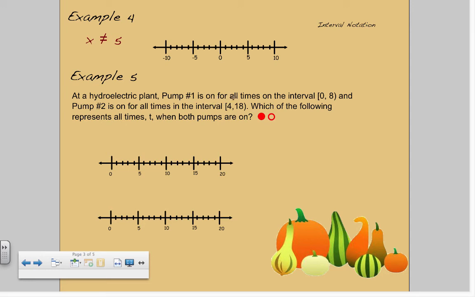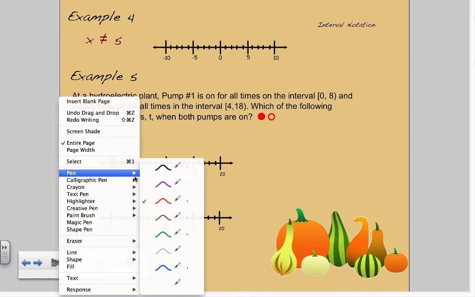So I'm going to graph these for help. First thing I'm going to look at is this 0 right here. It's inclusive. So I get to put a dot over the 0 and fill it in. It goes all the way up to 8. But 8 does not get filled in.